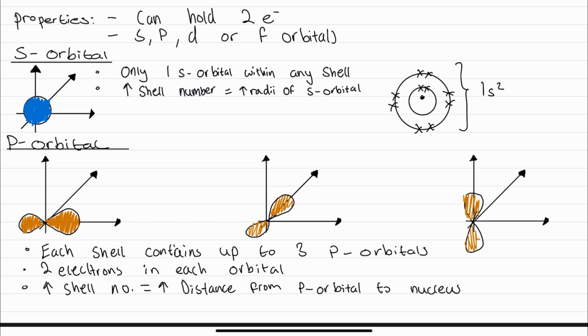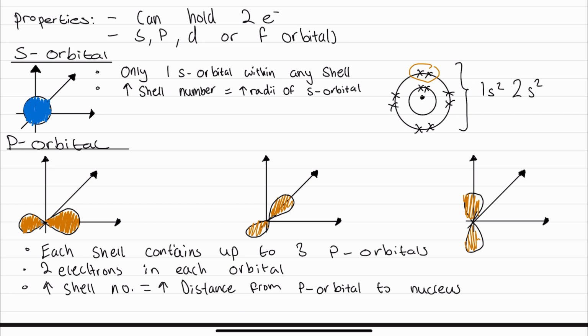Now that you've filled out that first shell, you move on to the second shell. Second shell always starts off with s, so 2s. Now we have 8 on the outside, right? So let's say we're counting these two. So that's 2s2. Now the second shell of every element also has up to 3 p orbitals, right?